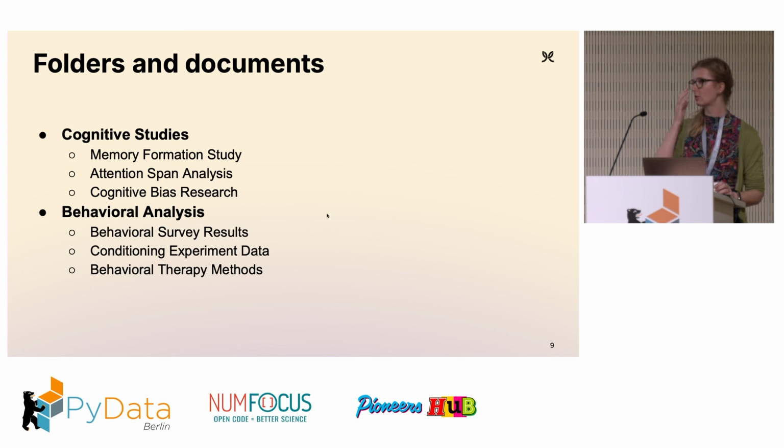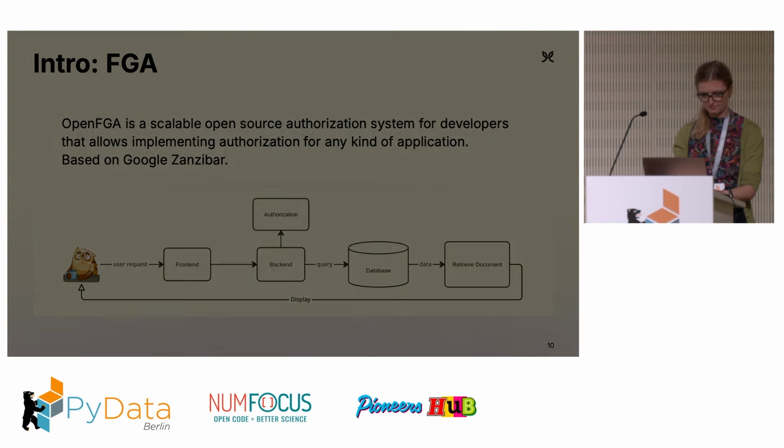Let's say we are working on psychological research that we can split into 2 topics. One is cognitive studies, and the second is behavioral analysis. In the cognitive studies folder, we have 3 documents that are covering some topics of interest, and behavioral analysis something similar.